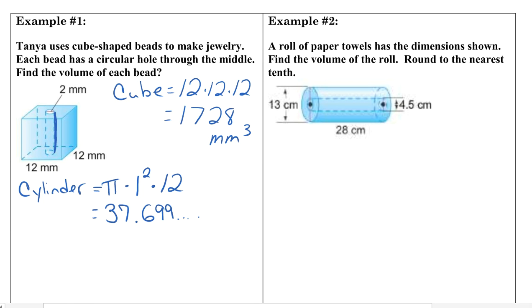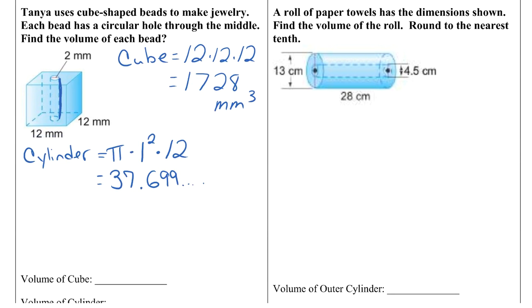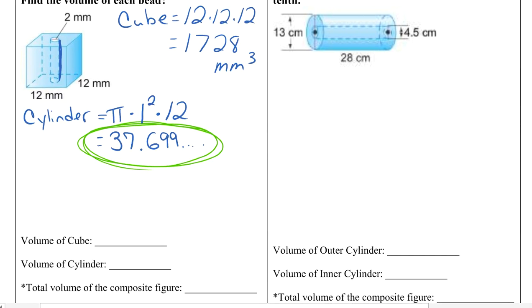Now I need to figure out what is the volume of the bead. Remember that the cylinder is the open space that goes through the bead. I can fill in my values down here. The cube we said was 1,728 millimeters cubed. The cylinder was 37, we'll just round, so 37.7 millimeters cubed. To find the total volume of the composite, again, the center of the bead is open, so that cylinder has nothing inside of it.